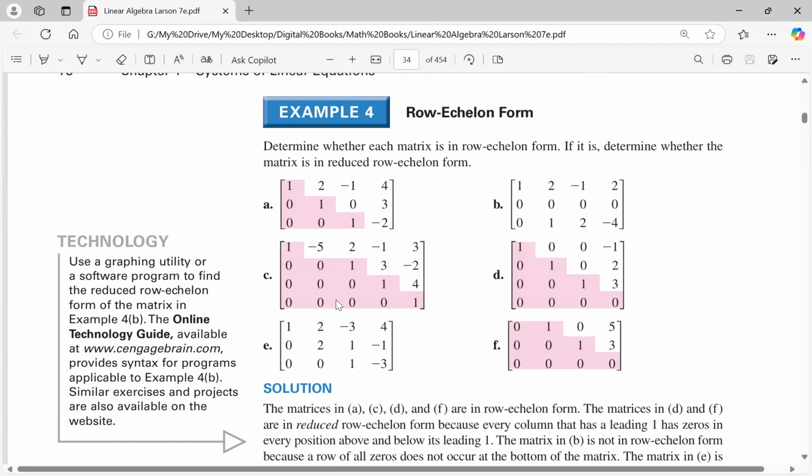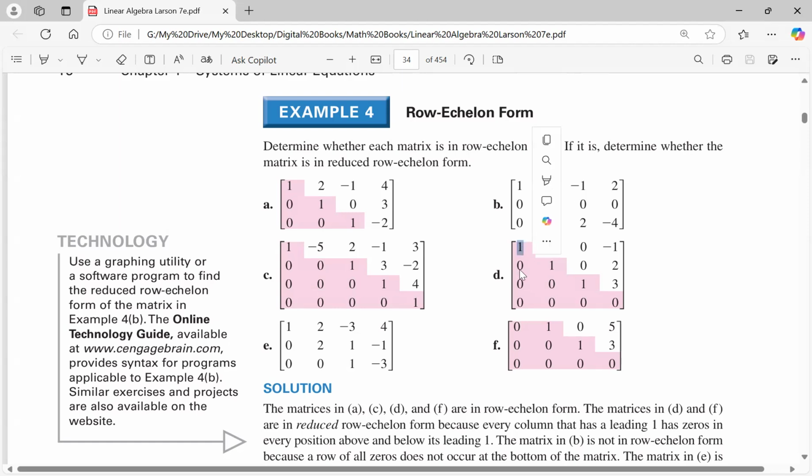And of course, in the fourth row, you have just 1. There's nothing below it, so that's fine. The key is to have zeros directly below the ones, and we do. So this matrix is in echelon form. It's in Gaussian form.